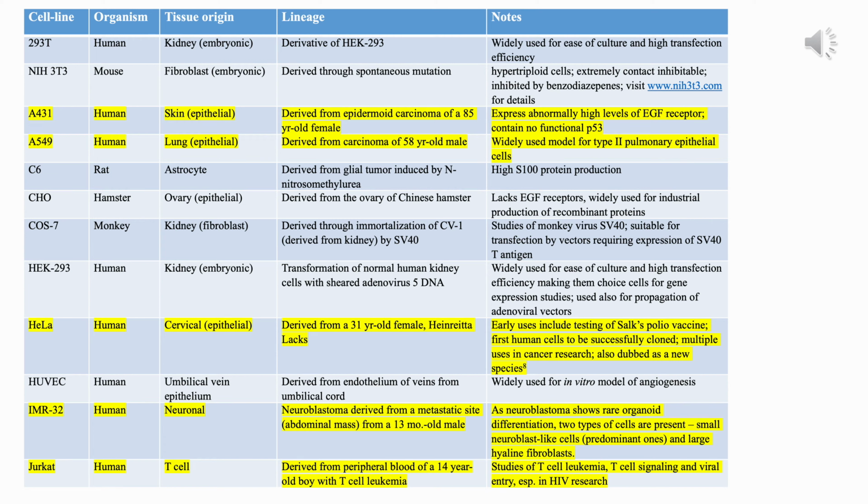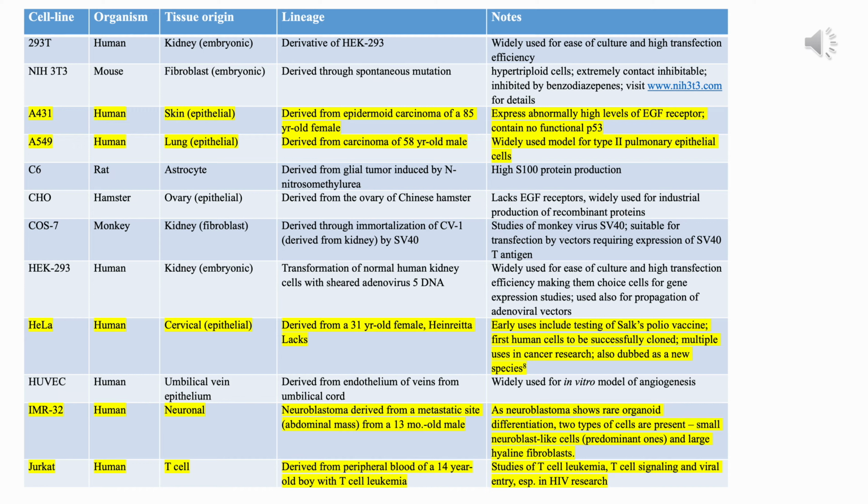C6 is derived from tumors induced in regular astrocytes which have been treated with N-nitroso-methylurea. So that's how you can make a regular astrocyte cell line into C6 glioma cells. Again, EGF receptors are lacking in CHO cells, which are derived from Chinese hamster ovary.